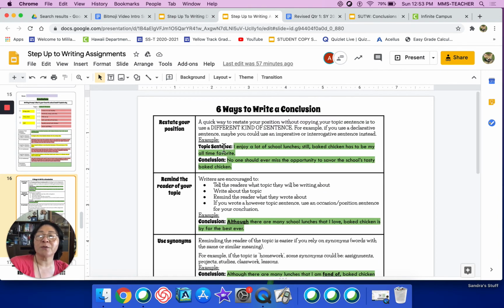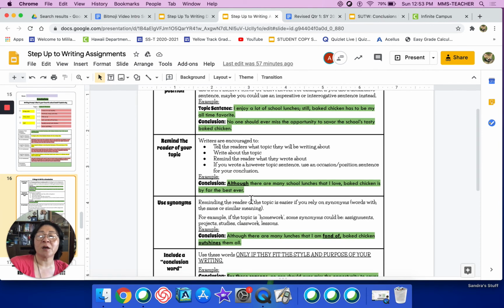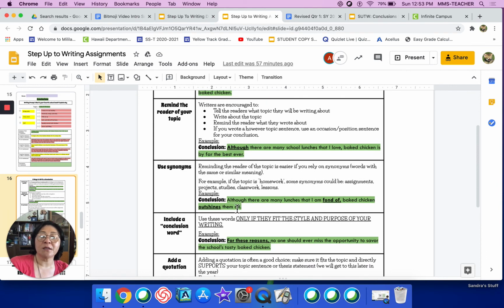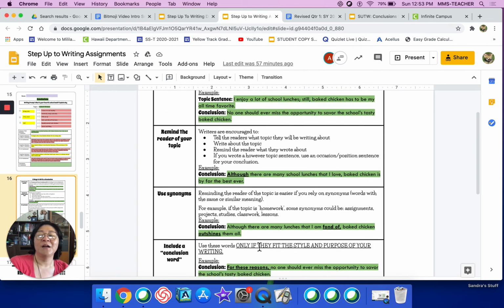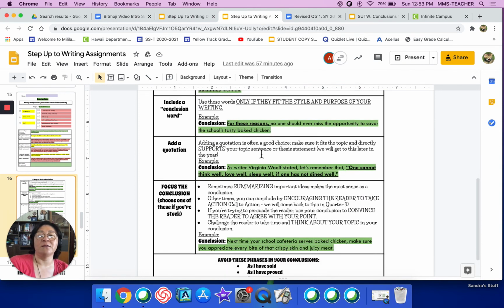So this is the restating your position. This is an example of reminding the reader of the topic. This is using a synonym. Don't copy this one because it is talking about baked chicken. Don't copy this one. This is about baked chicken. They're all about baked chicken, but don't just copy them directly.